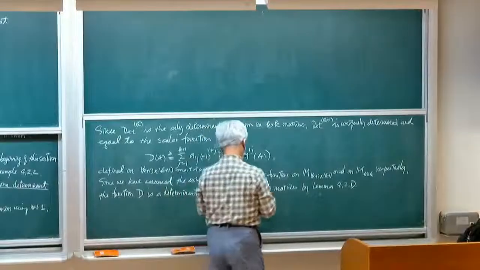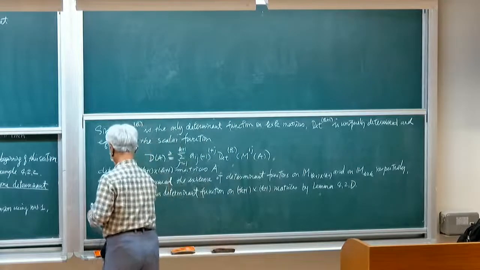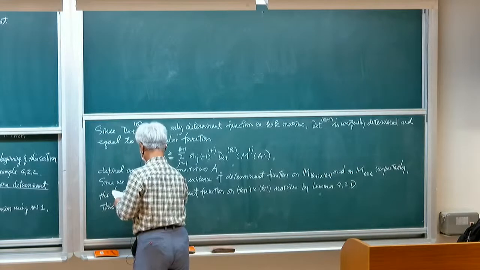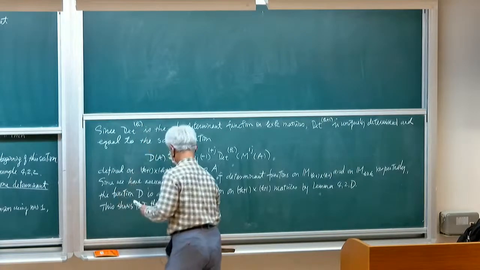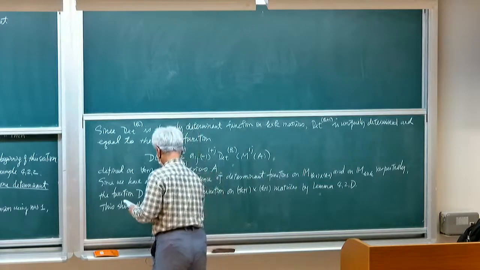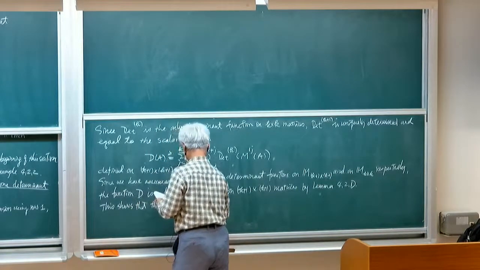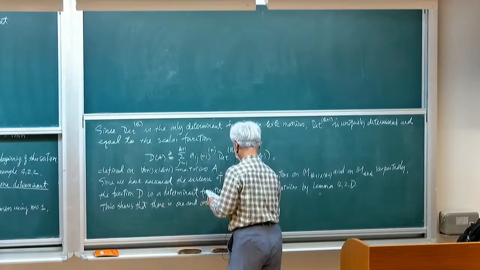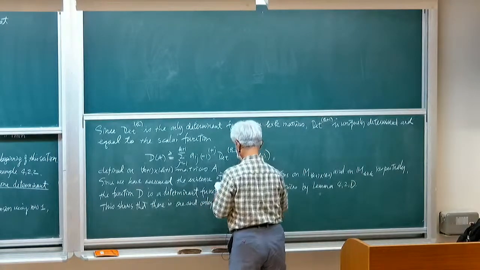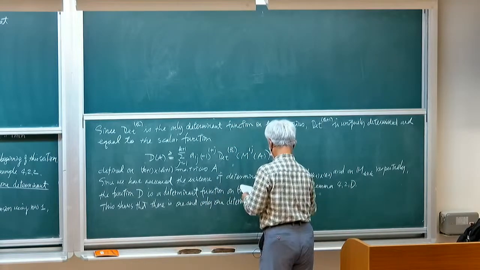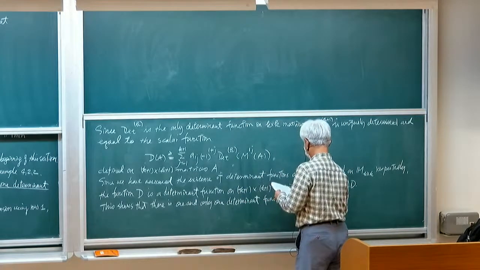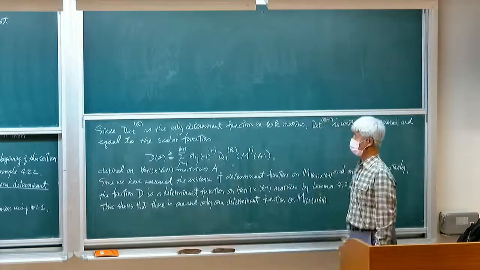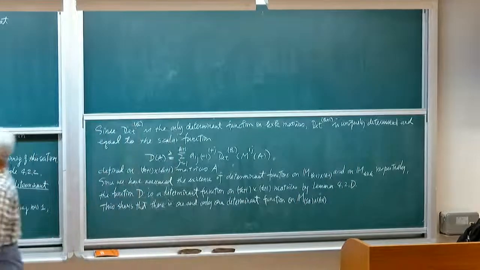So this shows that there is one, and only one, determinant function on k plus 1 times k plus 1 matrices. Okay, so we have done the case n equal to k plus 1.